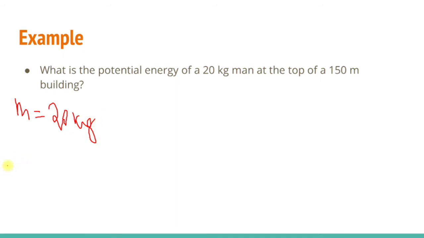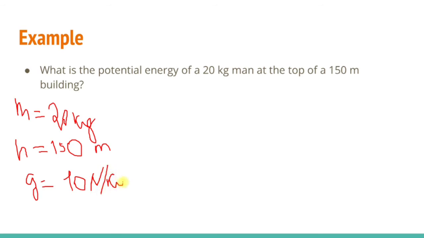Yes, not man, it's just a boy. At the top of the building, height is 150 meters, and gravity you take approximately 10 newton per kilogram. So you should find the potential energy of the object.